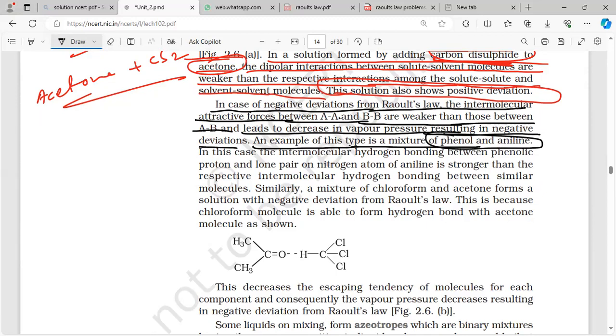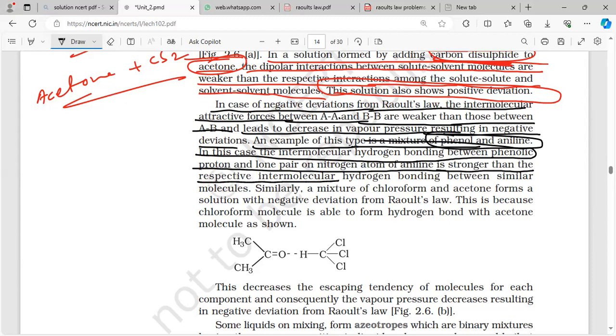Phenol and aniline form hydrogen bonding. The intermolecular hydrogen bonding between the phenolic proton and the lone pair of the nitrogen atom of aniline is stronger than the respective hydrogen bonding between similar molecules. So that is negative deviation.